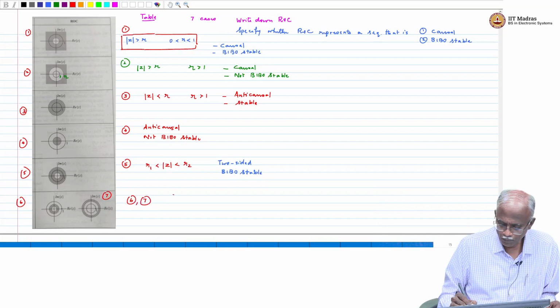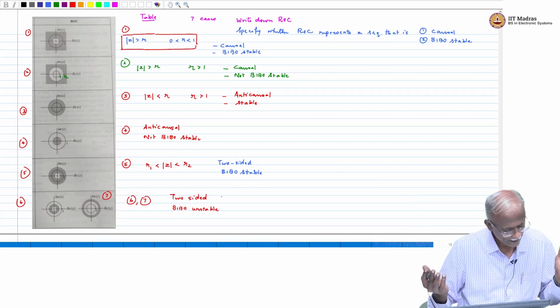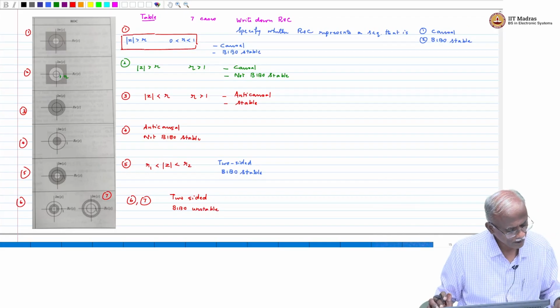Number 6 and 7, I will combine them like this. They are both two-sided, both do not include the unit circle, therefore they will be bibo unstable. Okay, or DTFT will not exist.